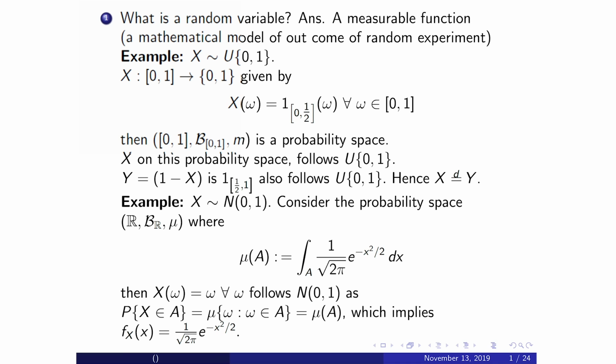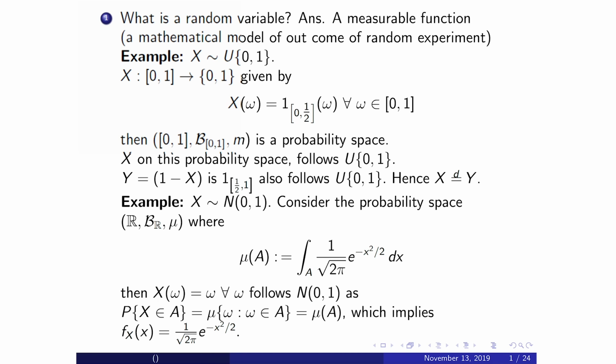So here we take X of omega equal to omega, just the identity function, and then the probability that X belongs to A is equal to mu of, because the probability is now for us mu here, mu of the set of omega such that omega is in A, because X of omega is omega here.